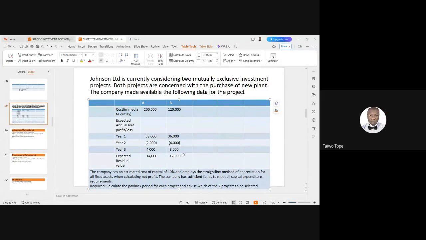Some of you have passed financial reporting, so how will you determine your depreciation? It is cost minus scrap value divided by 3 years.